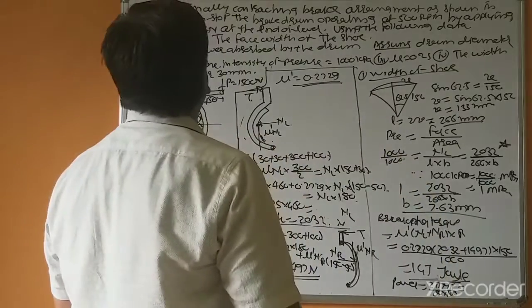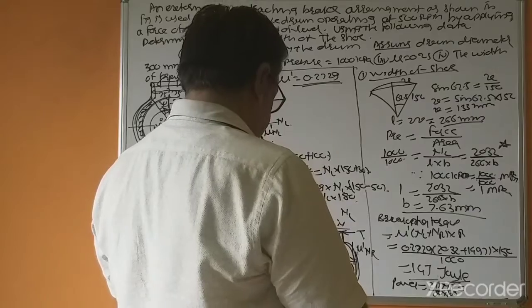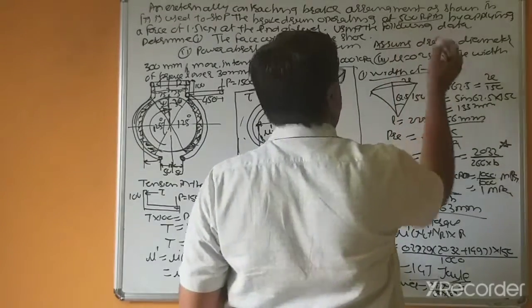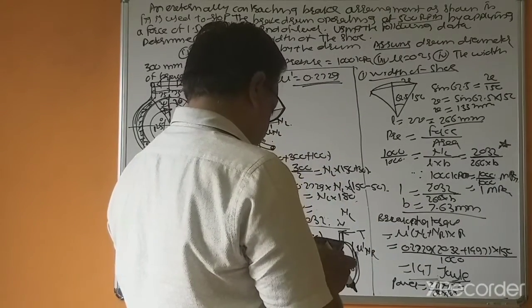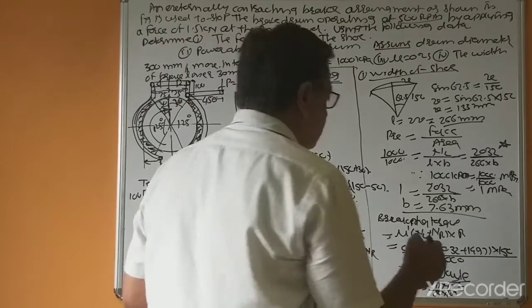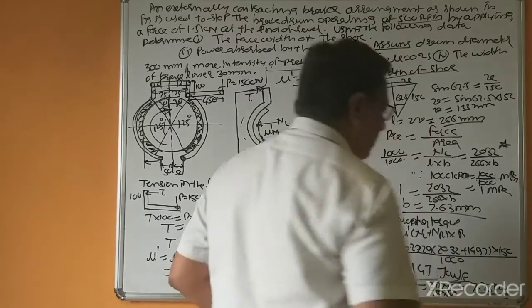Drum 300 mm, maximum intensity pressure 1 megapascal, RPM 500. This is 500 given, divided by 60. This is equal to 7.73 kilowatt power absorbed.